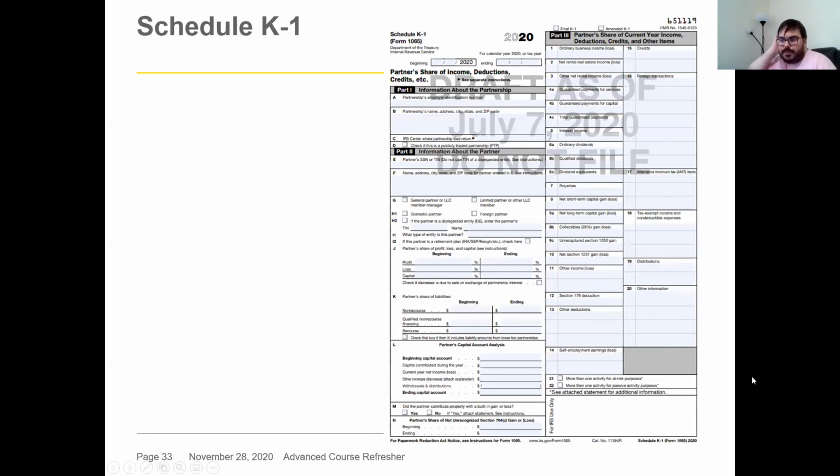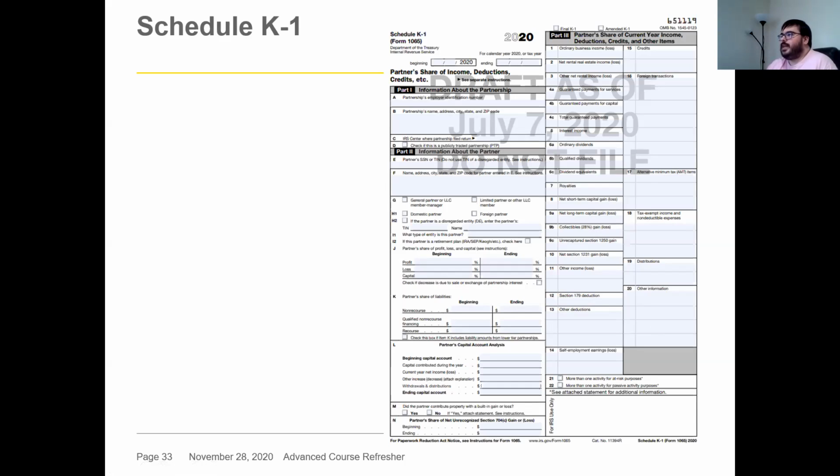It's within scope for a couple of them. These can get very complex, but if it's very simplistic in that they have reported interest income, dividends and capital gains, then usually we can do them.